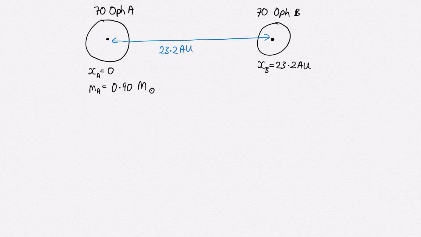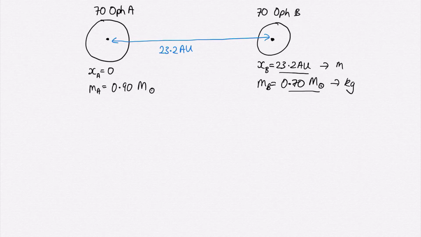So solar masses we can draw with this little symbol here. And mass B is equal to 0.70 solar masses. Now we are given the information in the question, so we could convert from AU and from solar masses into meters or kilometers and into kilograms, but it's not needed in this case. So we're going to save ourselves some time by not doing that.